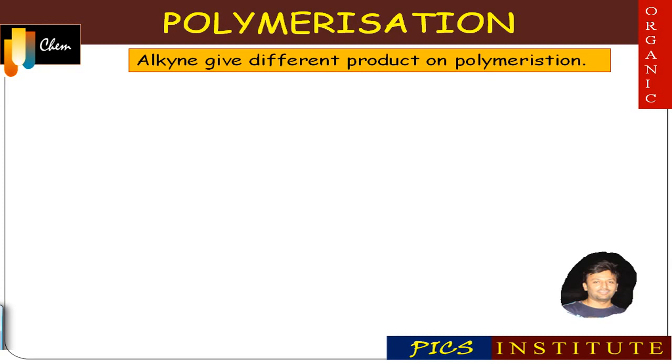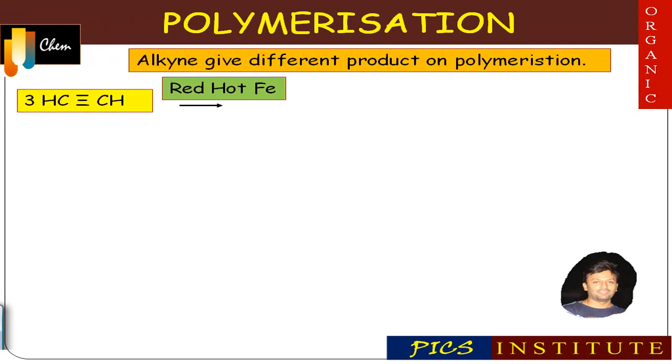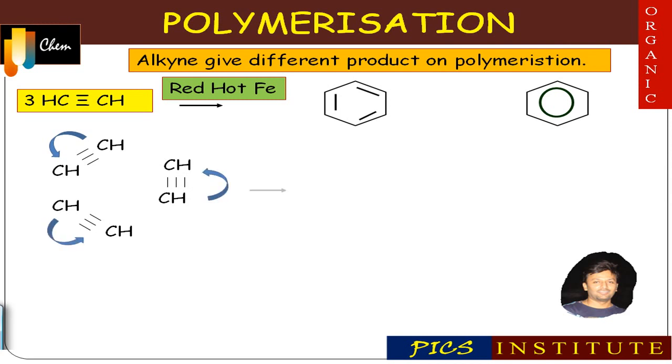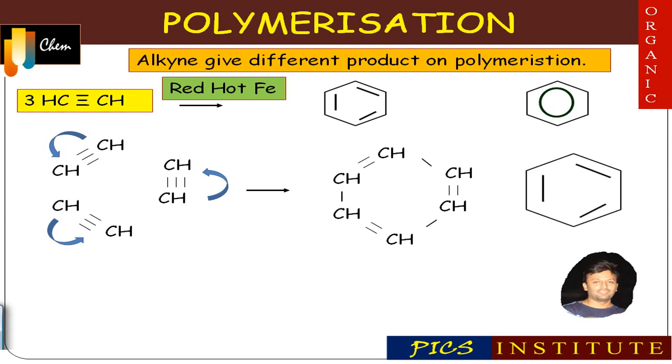Now let's understand polymerization in the case of alkynes. First of all, ethyne in presence of red hot iron. Now 3 molecules of ethyne react to give benzene. The splittings can be represented as 1 molecule, 2nd molecule, 3rd molecule. On heterolytic bond fission, this results in generation of benzene.